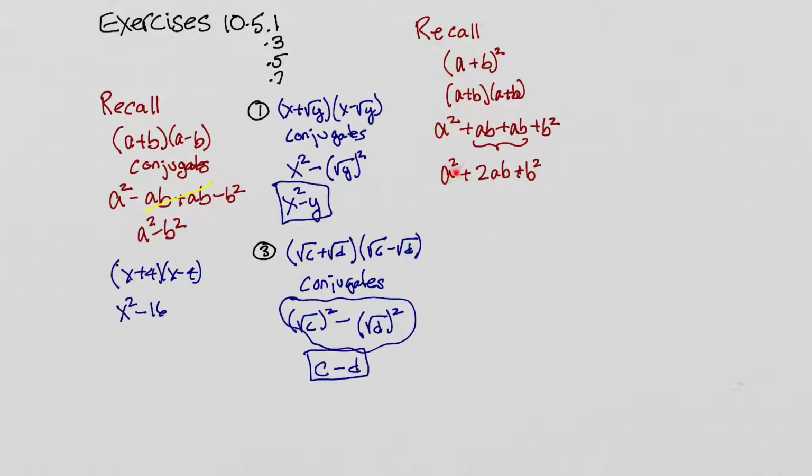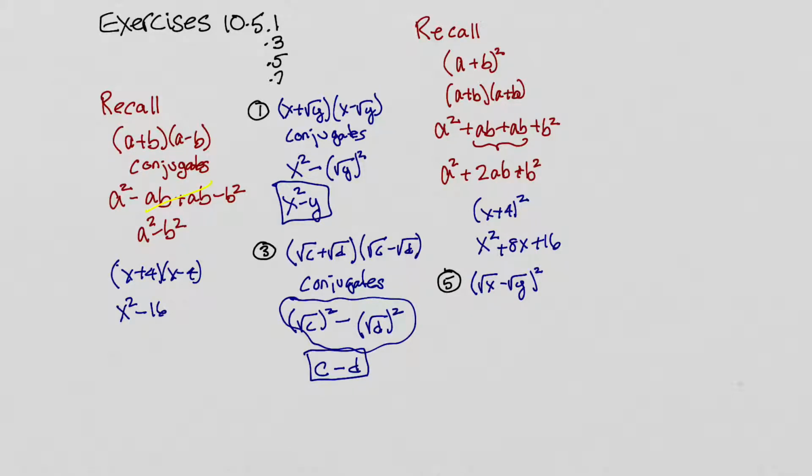So square the first, multiply the two together, double it, square the last. And here's a simple example. Suppose that we have x plus 4 squared. What we're going to do here is square the first, multiply the two together. So multiply these together, I'll get 4x, but double it, 8x, and then I'm going to square the last, plus 16.